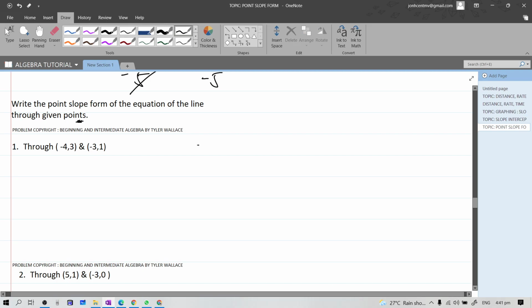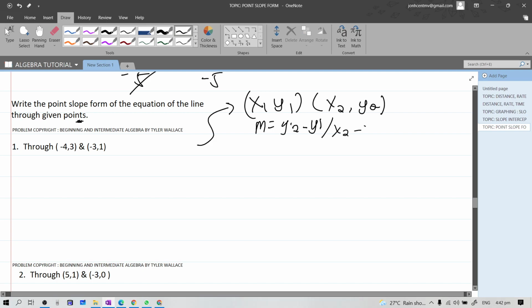And note that in the given, we have x sub 1, y sub 1, and x sub 2, and y sub 2. Okay, so that is the order. So, using the formula of m is equals to y sub 2 minus y sub 1 over x sub 2 minus x sub 1. Okay? So, gawin natin sa number 1.